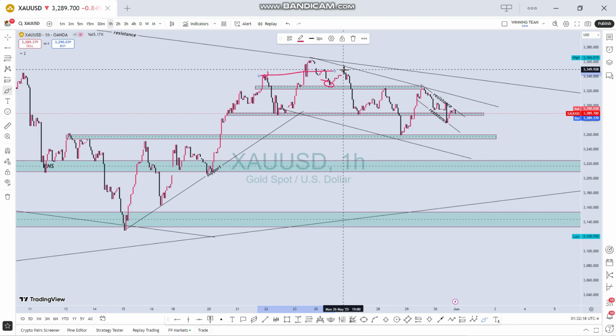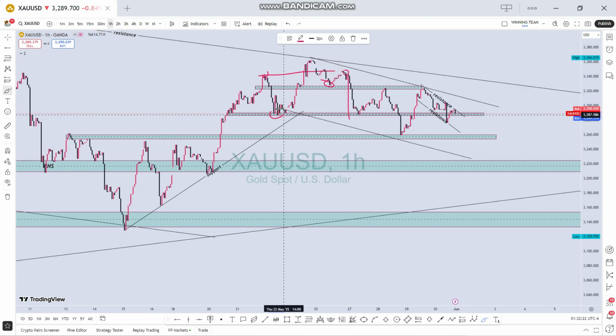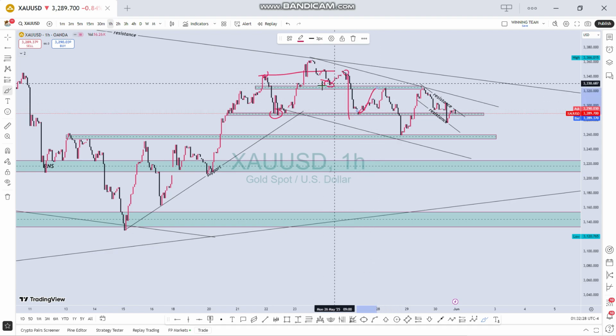Okay, and then we could see the market rejecting again and then making a big push to the downside to this support here, where we can see that it did find support and then start pushing back up, where we see it retesting again the neckline of that M pattern.